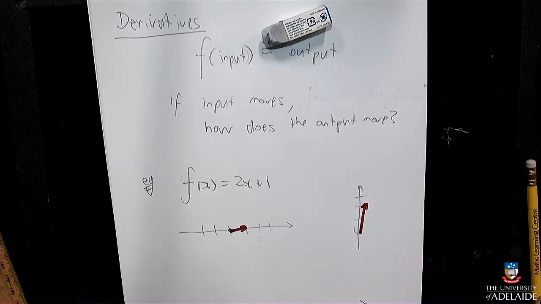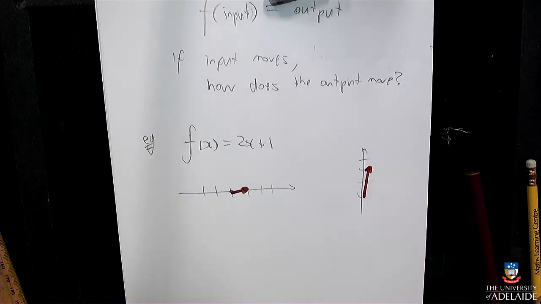And every time you go forward 1, it goes up 2, no matter where you are. And so we decided that that meant that the derivative was 2.